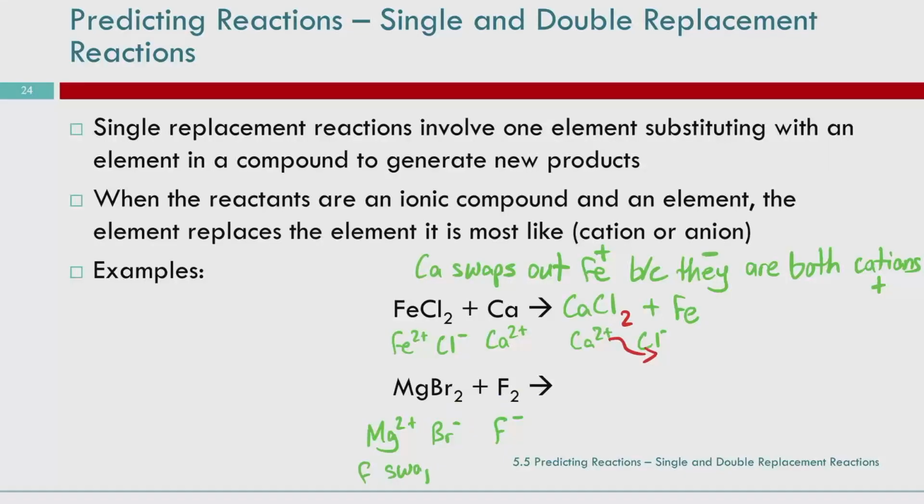So F swaps out Br because they're both anions. And so on the product side, we are going to see MgBr2 doing that same crisscross thing, and we're going to have Br2.